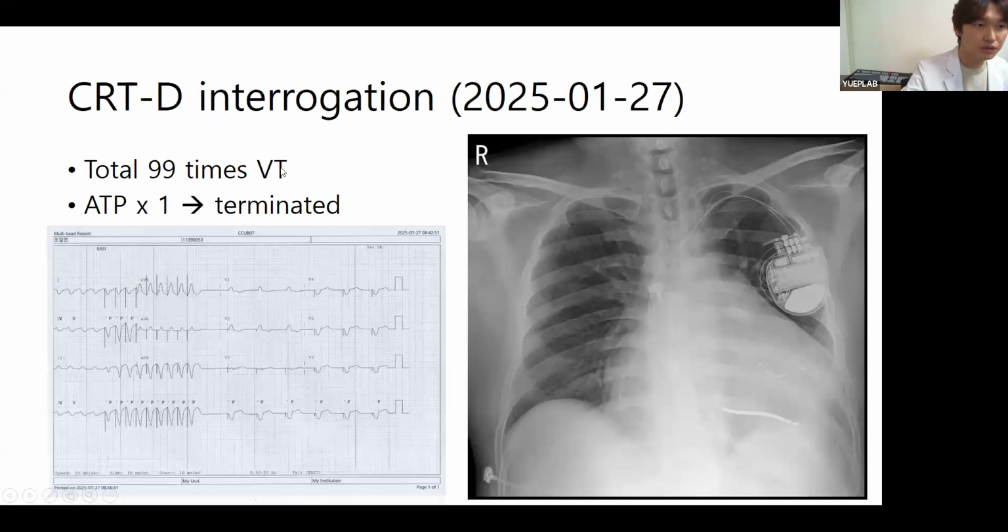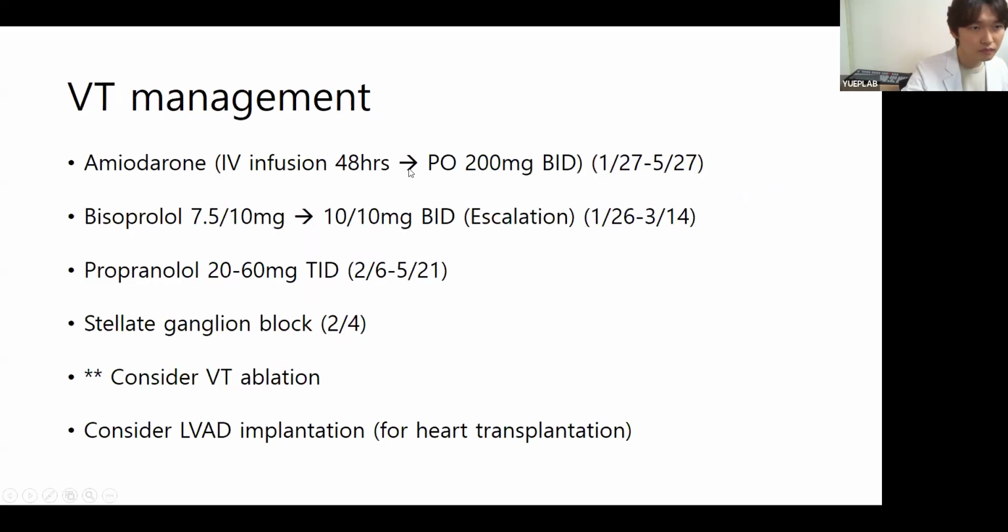After CRT-D interrogation, we saw a total of 99 VT episodes, and after one ATP, it was all terminated. So we managed the VT with amiodarone, bisoprolol, propranolol, and finally we did a stellate ganglion block.